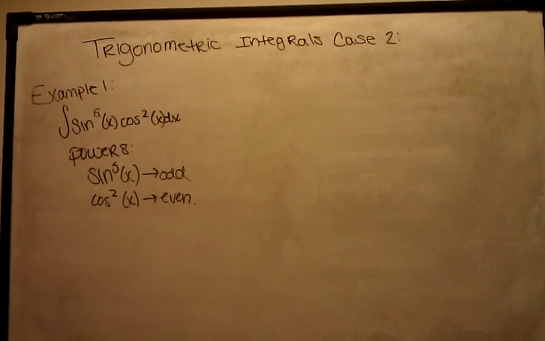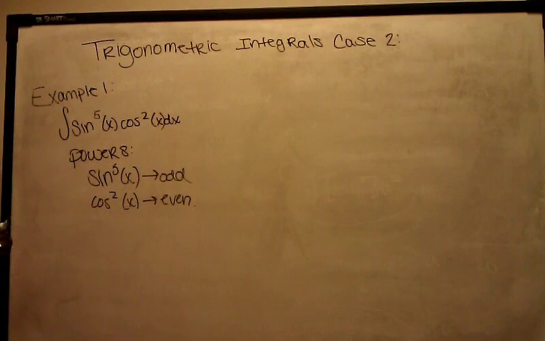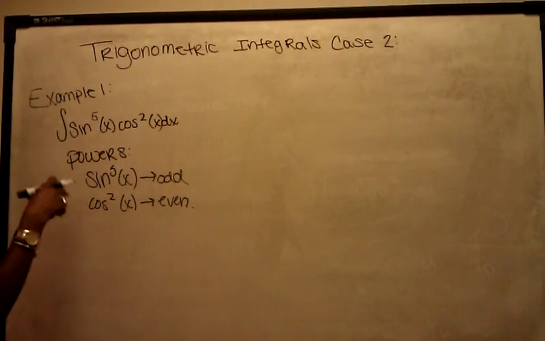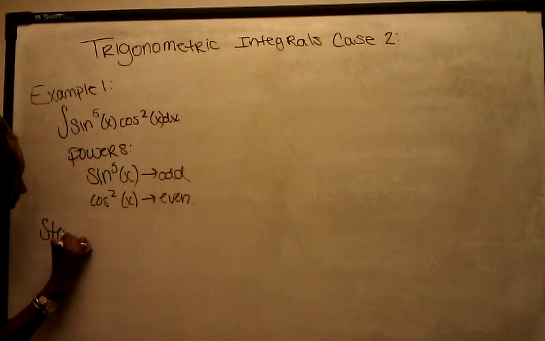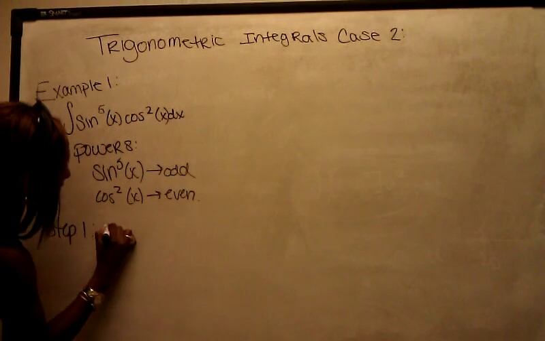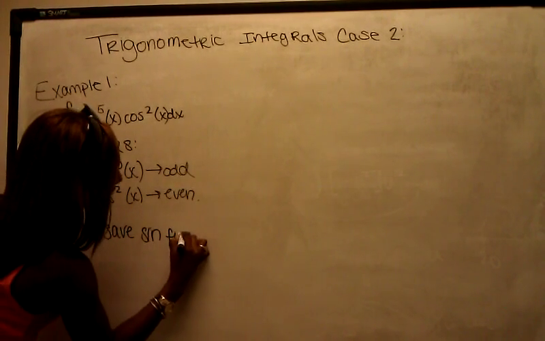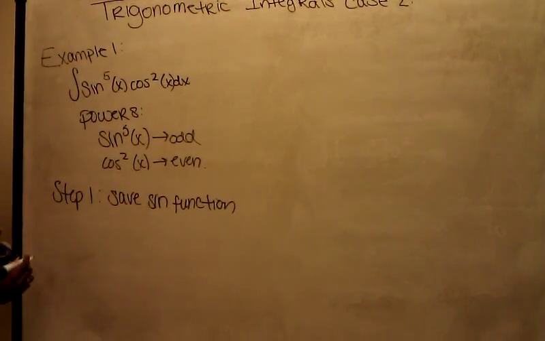The rule of trigonometric integrals is that we will save one of our odd functions. In step 1, we're going to end up saving a sine function, because that's the one that's odd.